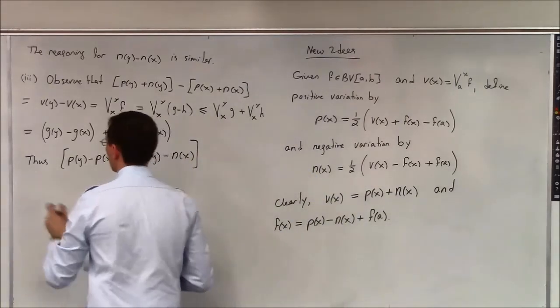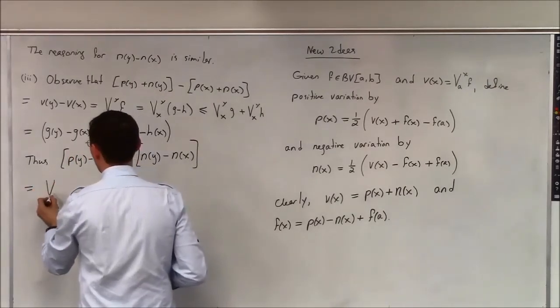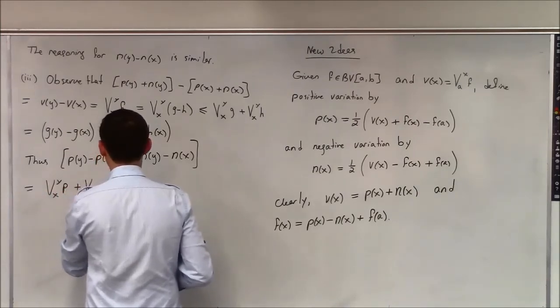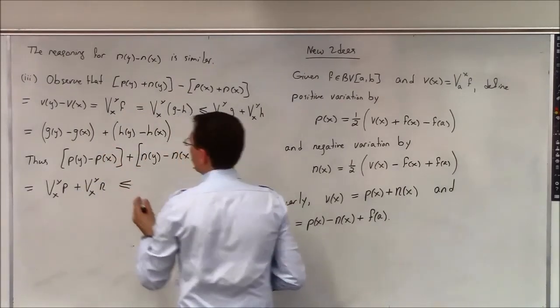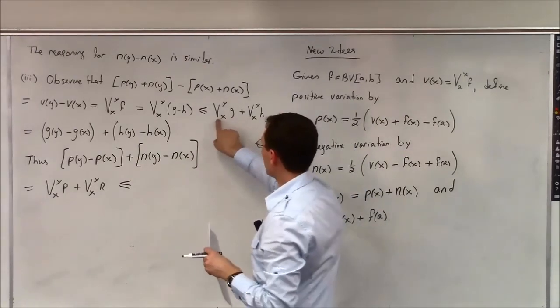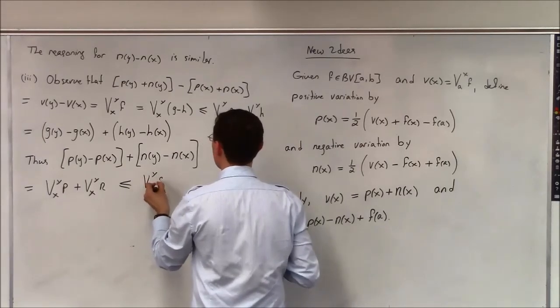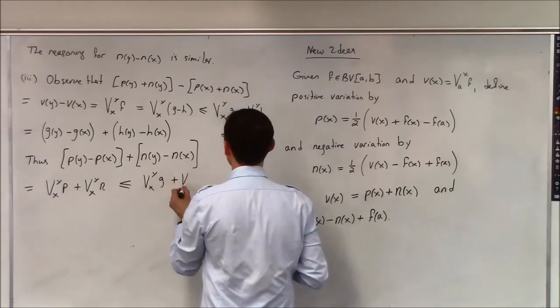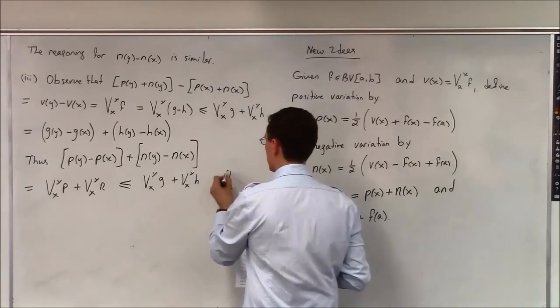Since p is an increasing function, this equals the variation from x to y of p plus the variation from x to y of n. And this, we observe, is less than or equal to the variation V_x,y of g plus V_x,y of h. Let's label this as 1.